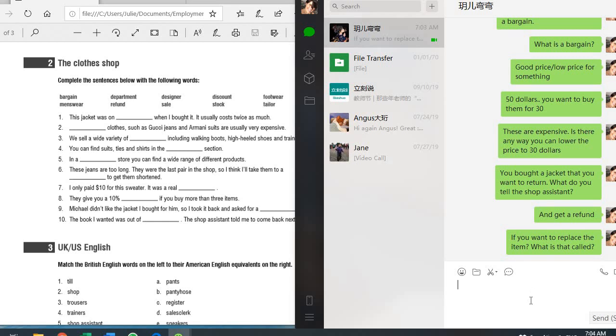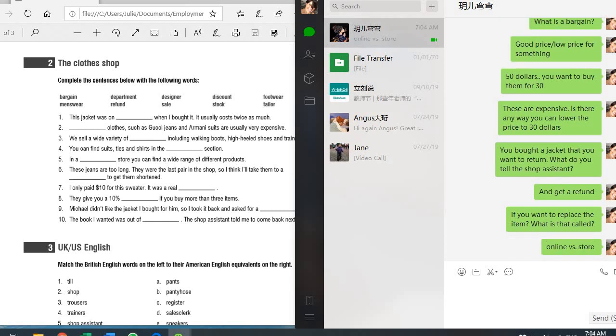So if we're talking about shopping, do you prefer to shop online or in the store? What are the benefits of shopping online? I don't like to shop for clothes online. I like to buy clothes in the store.